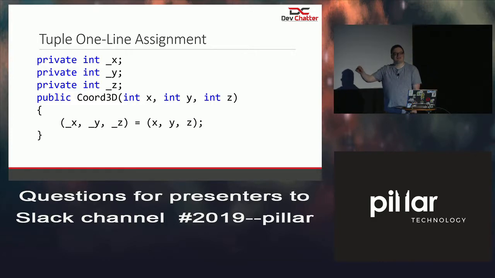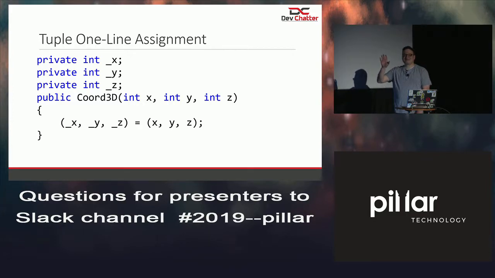And on the right-hand side of the equals sign, we are constructing a tuple with the values x, y, and z. Now, the cool thing about this is that we were able to assign 3 values on the same line, which is cool. The bad thing about this code is that we assigned 3 values on the same line.